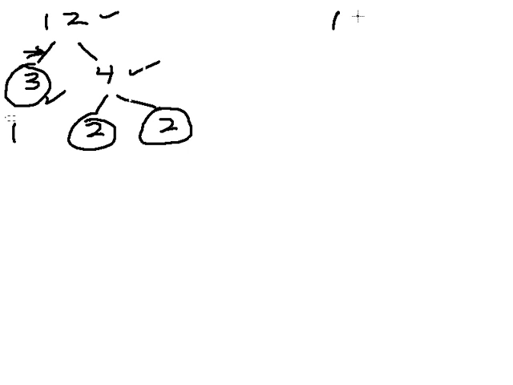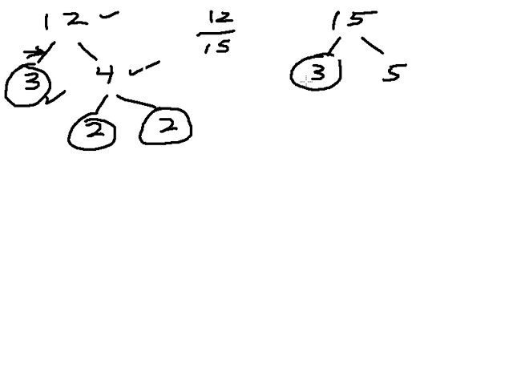Let's look at the factor tree for 15. Remember the earlier problem, we had 12 fifteenths? We're going to learn how to simplify this using factor trees. 3 times 5 is 15. 3 we already know is prime. Does 5 have any other factors besides 1 and itself?